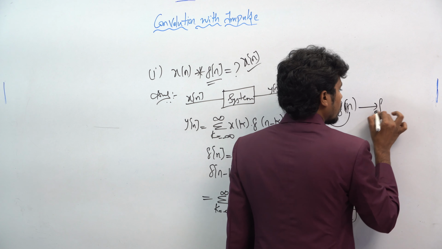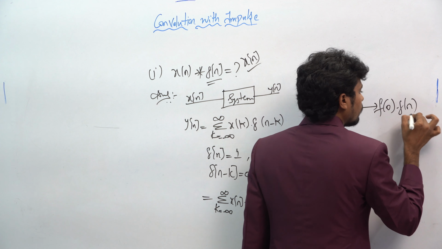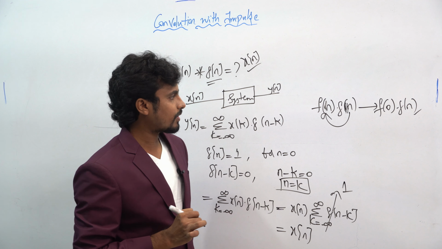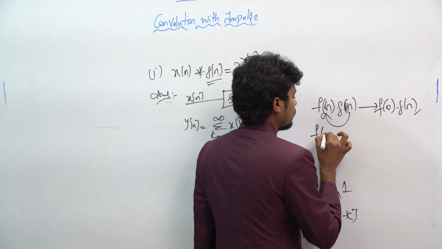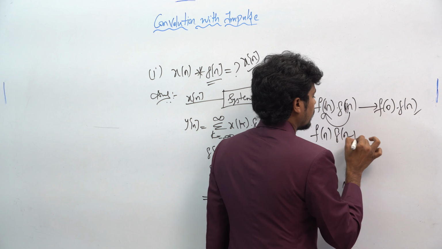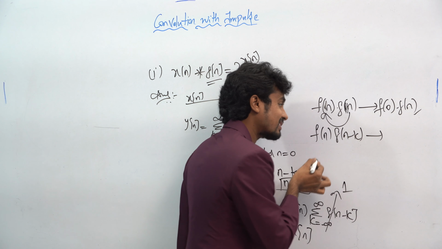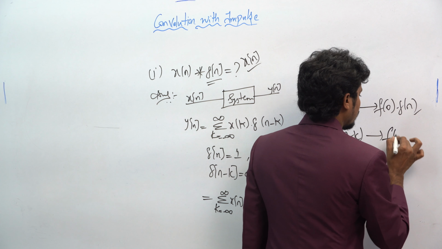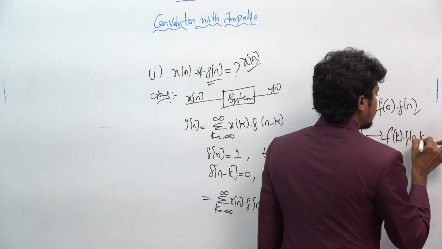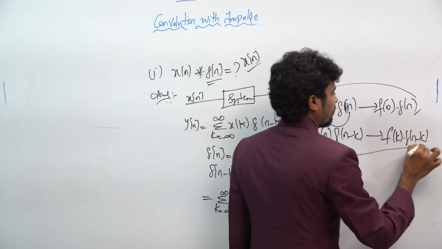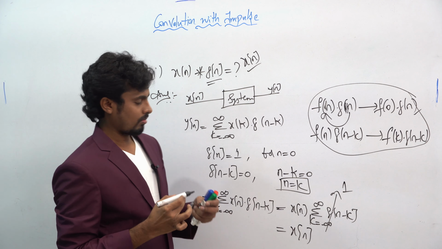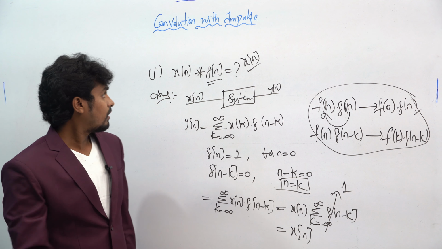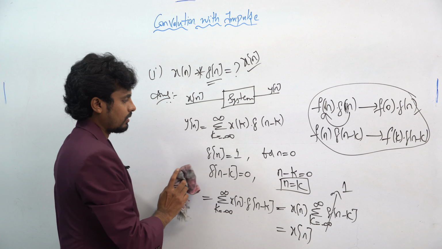So this becomes f of 0 into del of n. If you take f of n into del of n minus k, replace n with k, and that becomes f of k into del of n minus k. Let's see one more question. This output result is very important.